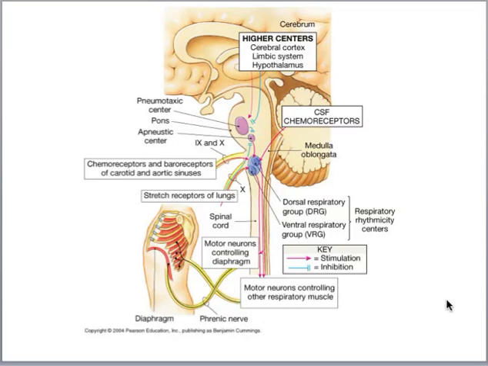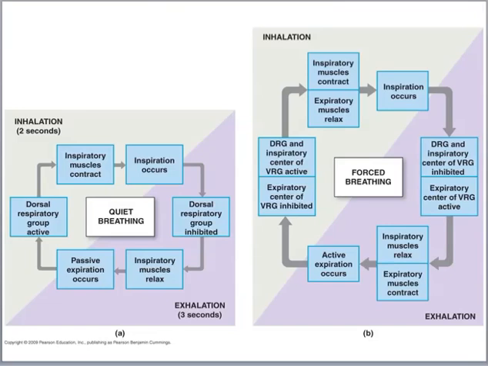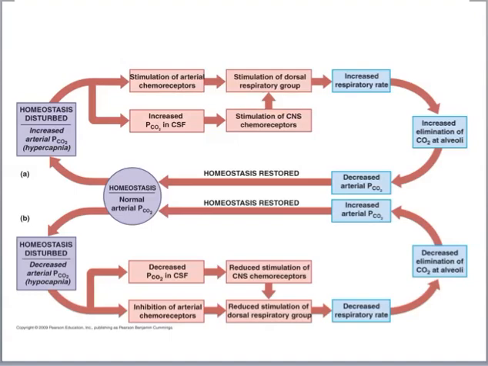Okay, I think this is just a diagram that's showing you quiet breathing, the normal cycle of inhalation and exhalation. And again, this is more detailed than you really need to have. This is just when you have forced breathing, there needs to be a stimulation of your abdominal muscles and your internal intercostals to help you exhale more easily.